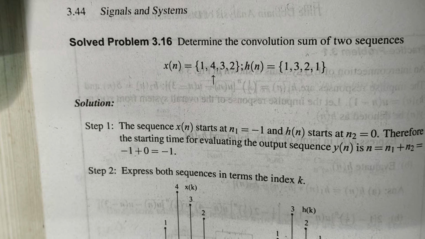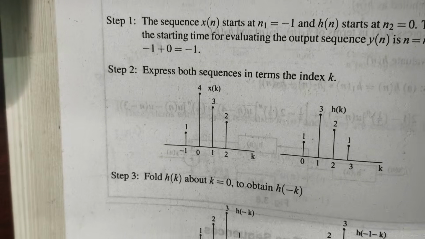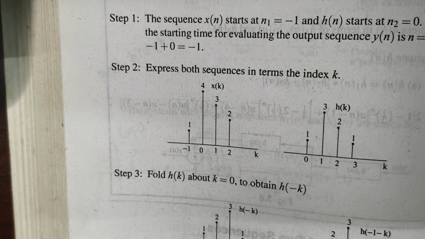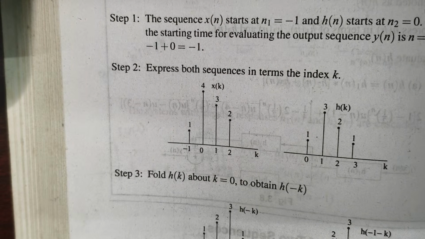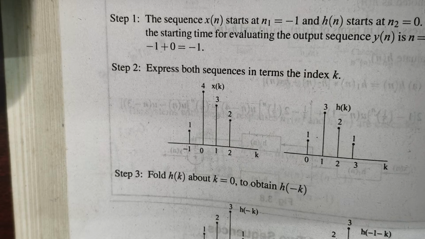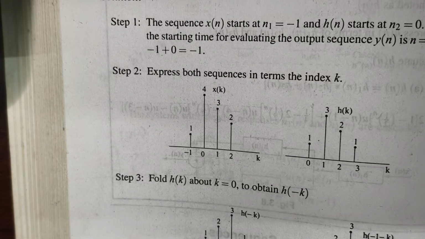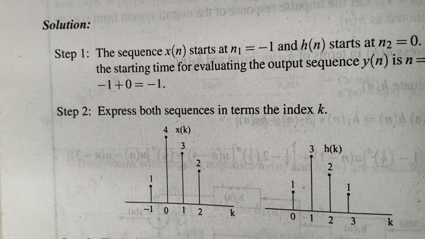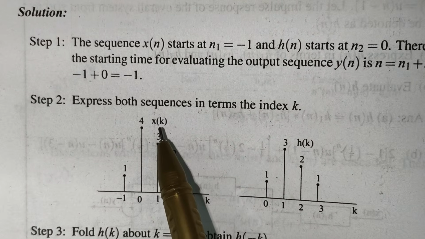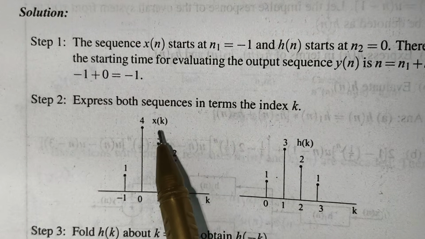Okay, just remember that. Next, we are going to express the given sequence in the graphical method. Added to it, I'm going to represent it with an index of k. Okay. So when I represent it with an index k, I represent it as x of k instead of x of n.